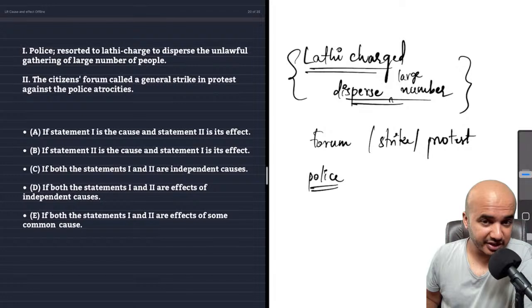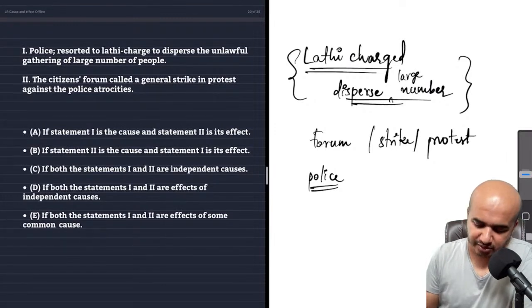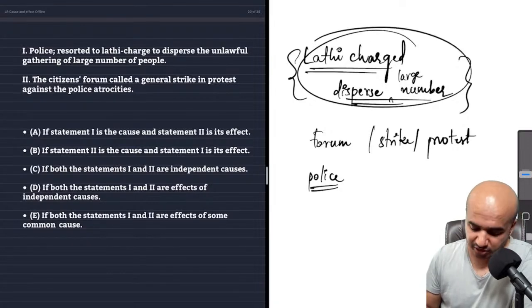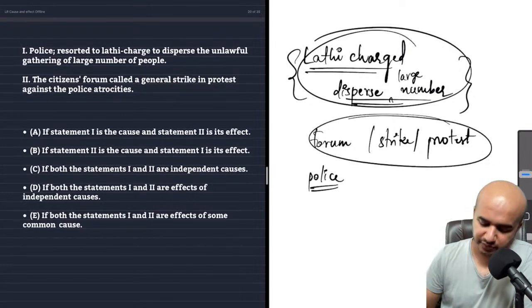Now because of this, the people thought it was too much from the police department, and because of this particular atrocity and maybe other cases as well, what did the people do? They called a general strike in protest. So this is a very easy question, wherein we can easily say, because of the lathi charge and other atrocities by the police department, there was a strike, a protest by the citizens forum.